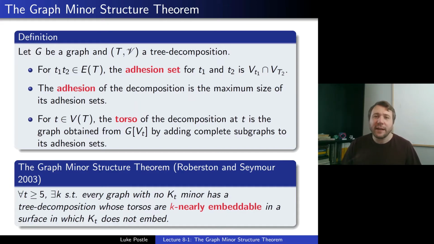So that's part of why you need this k-sums or tree decomposition idea. You need surfaces, but you also need two additional things, which is what this k-nearly embeddable will be. I haven't yet defined k-nearly embeddable. That'll be on the next slide, so let's proceed to do that.